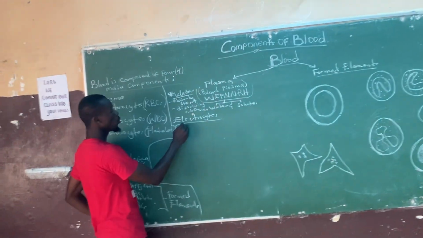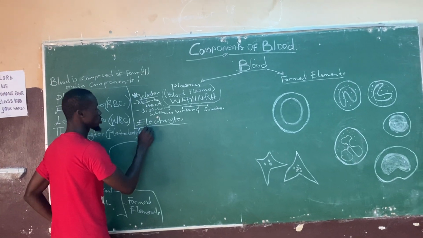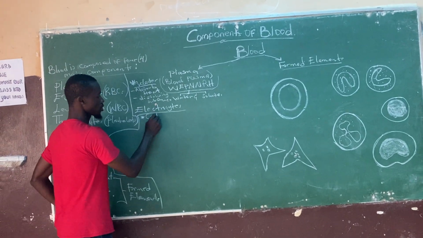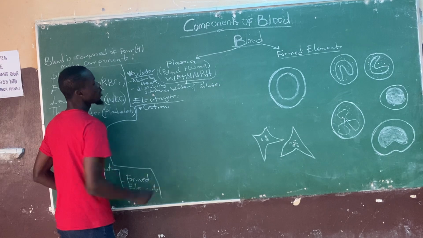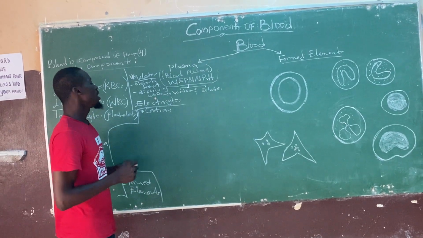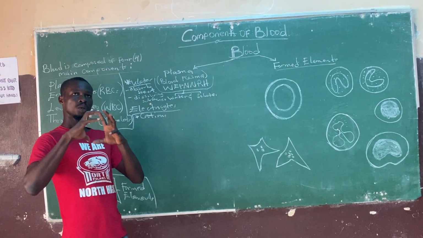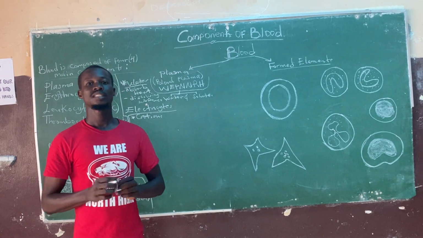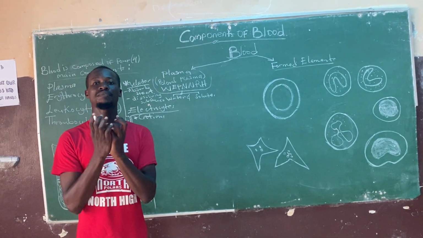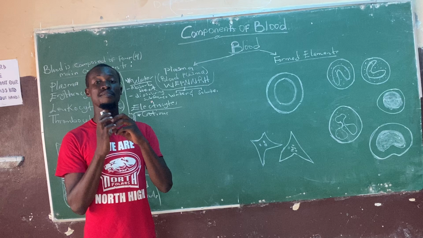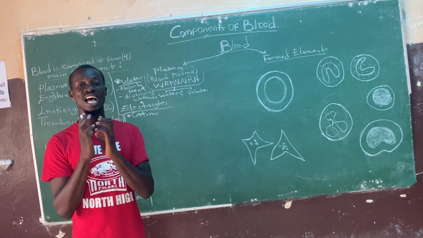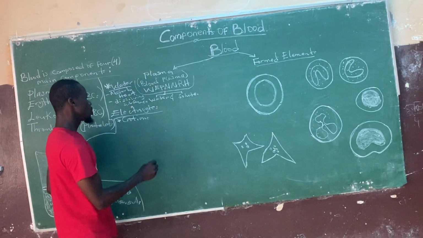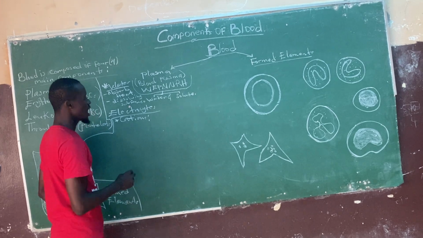The electrolytes are divided into two components in our body. We have one called the cations. The cations are a group of minerals that are positively charged, meaning the ions formed are positively charged ions. So what are some of the positively charged ions?